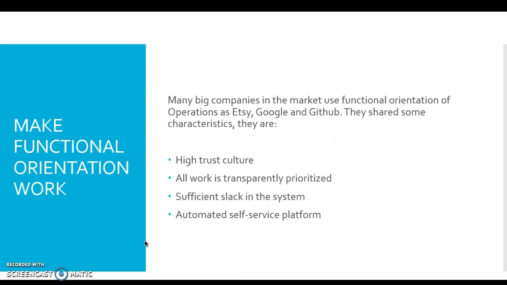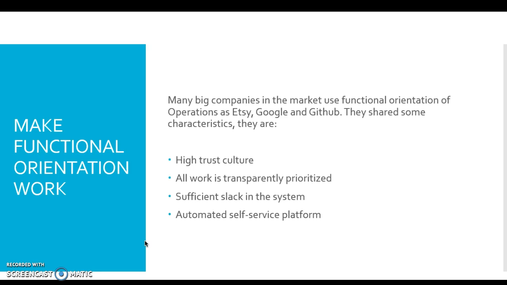Even though market orientation is better, there are many companies that use functional orientation. They're big companies like Etsy, Google, and GitHub, and they use the functional orientation. But how do they do that? First of all, there are four main points that all these three companies share.